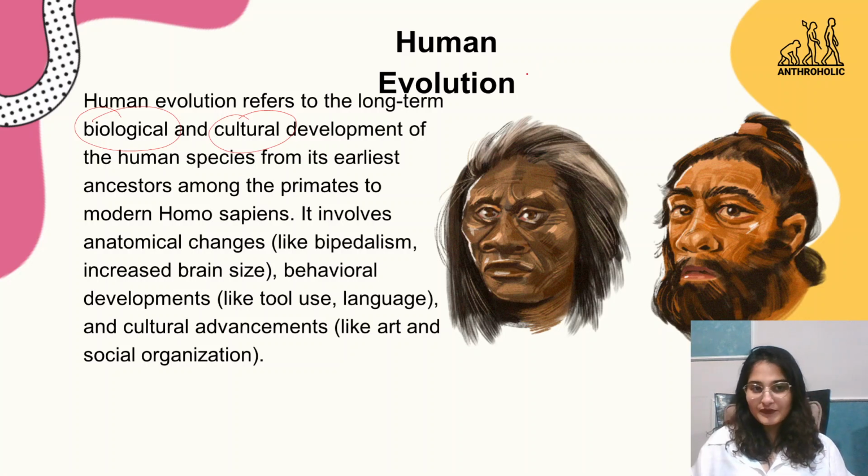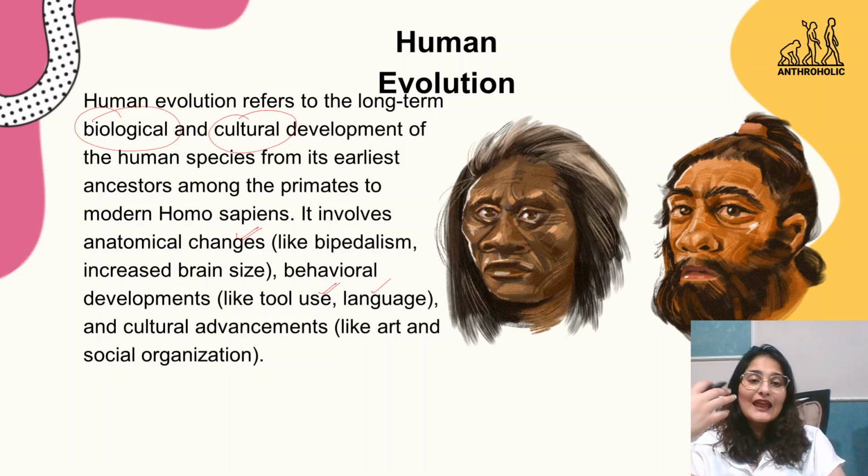human evolution की study में. So there are anatomical changes like bipedalism and comparative increase of brain size. There's behavioral development like using tools, development of language, using of multiple languages. And there are cultural advancements, art development, social organization development, how we became the social organisms we are today.